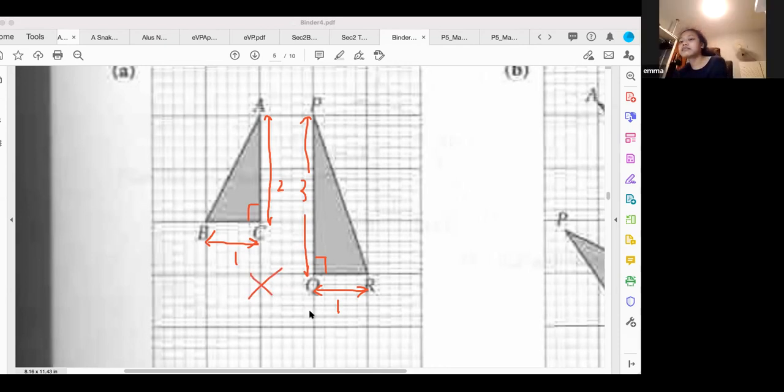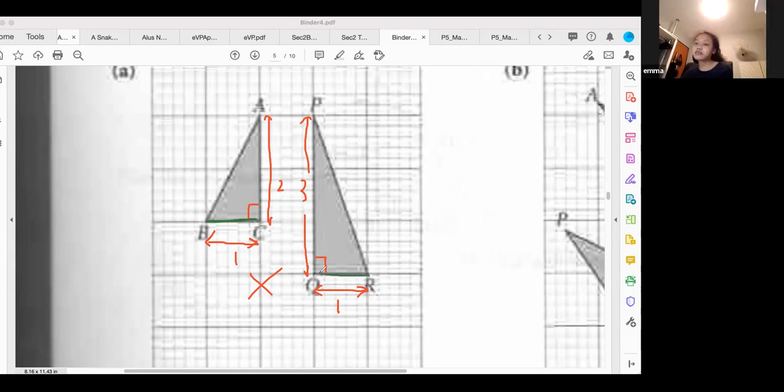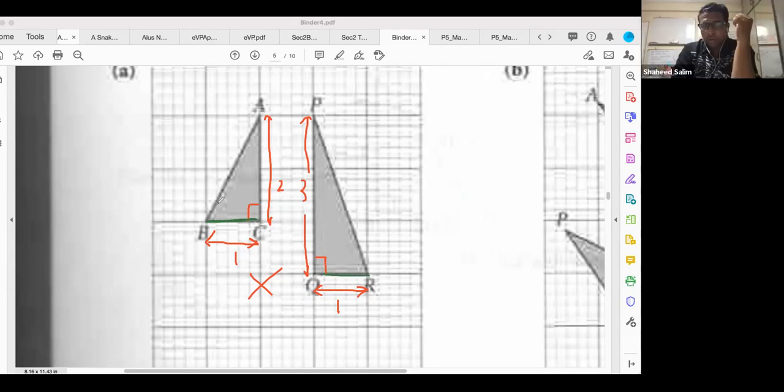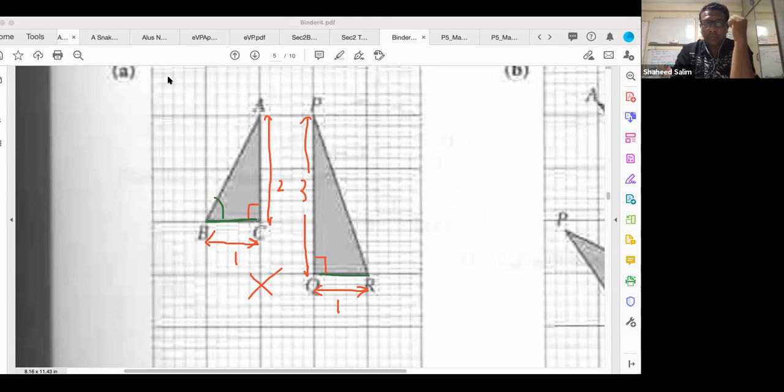Not similar. Remember, there's two ways. One is to check the angle. I mentioned about angle. So how do we know the angle is different? You see down here, this is 1 unit, then you go up by 2. You're going to draw a line like that. When you go up higher, can you see that the angle now is going to be different? We look at this one.